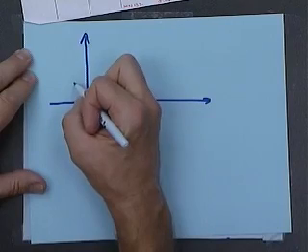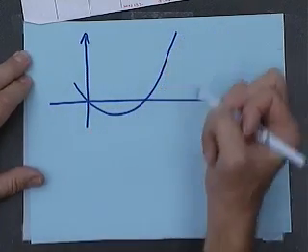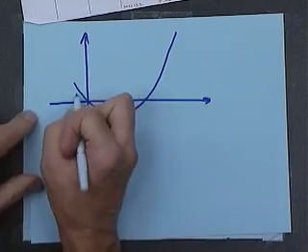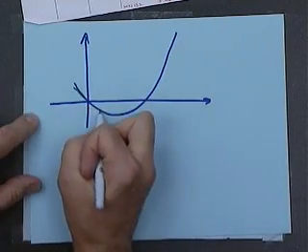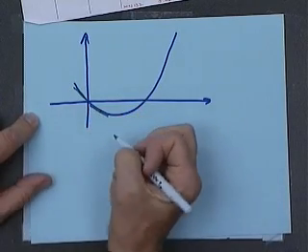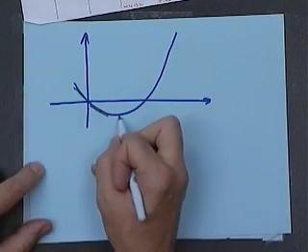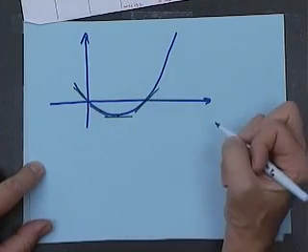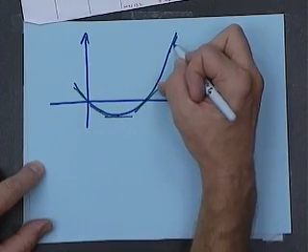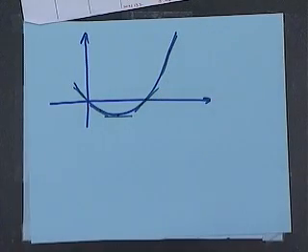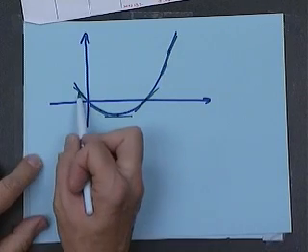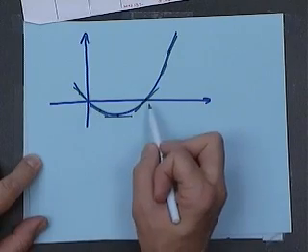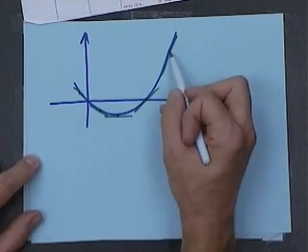So let's say we've got a graph that looks something like this. We look at the slopes over here. These slopes are negative. This slope is a little bit larger, less negative. This slope is 0. This slope is maybe positive 1. This slope over here is positive 3. So from left to right, the slope is negative 3, negative 1, 0, 1, and 4.